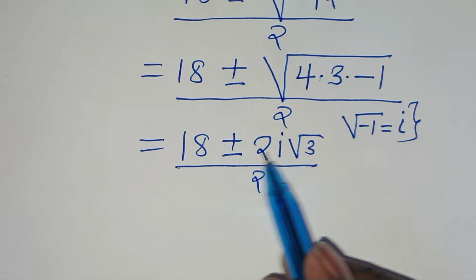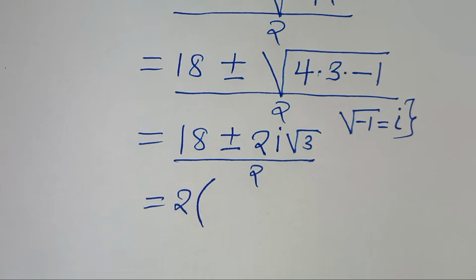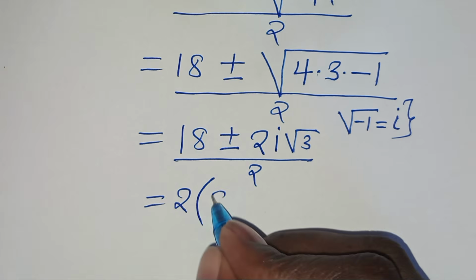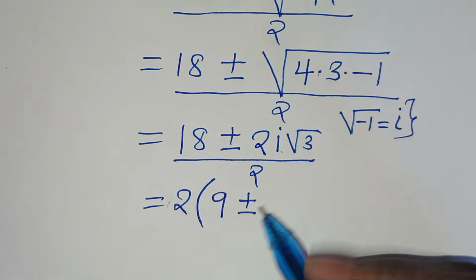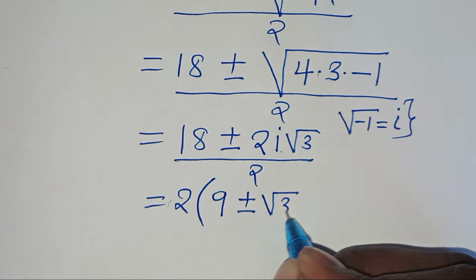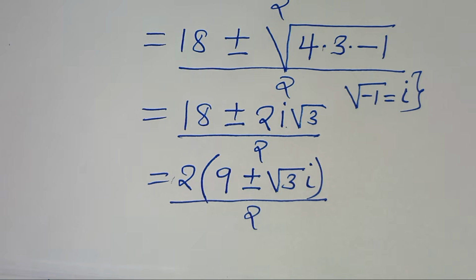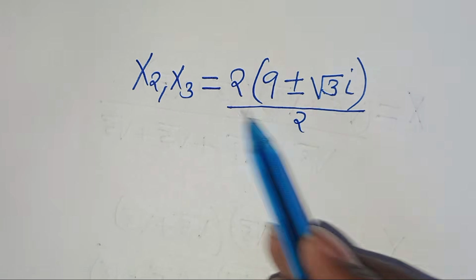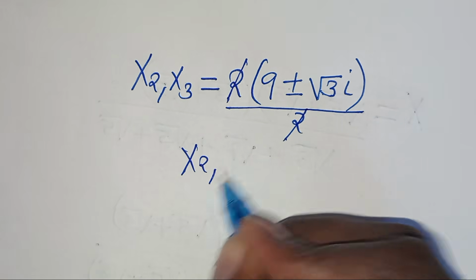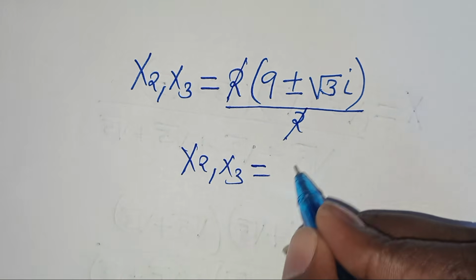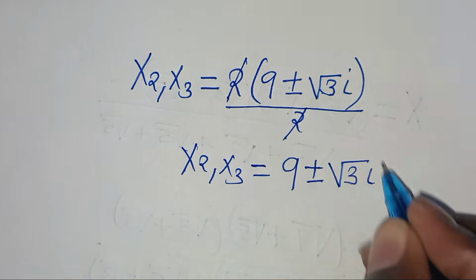In the numerator, 2 is common, so let's factor out 2: 18 divided by 2 is 9, plus or minus 2i square root of 3 divided by 2. Now we can simplify 2 and 2, so that x2, x3 is equal to 9 plus or minus square root of 3 i.